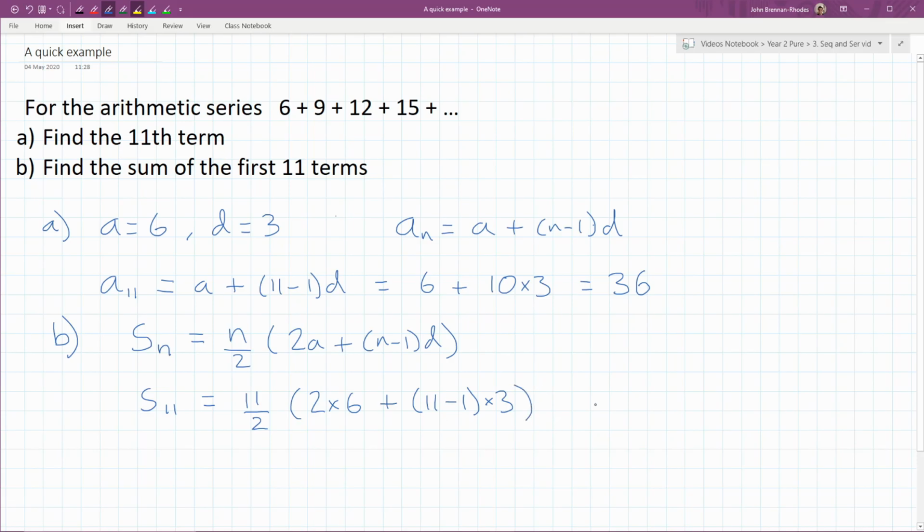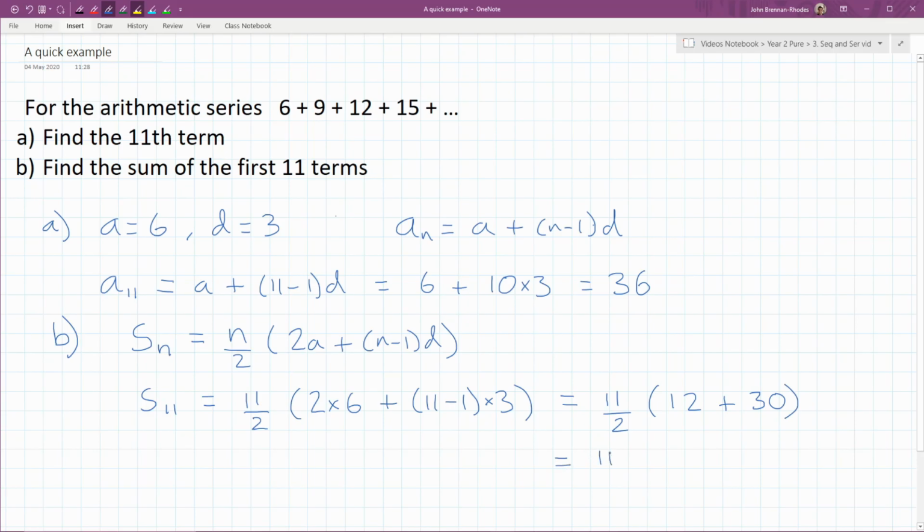So what does this equal? Well, you could stick it into the calculator. It's going to have to be a whole number. So even though I've got 11 over 2 there, it should cancel down quite nicely. 2 times 6 is 12 plus 10 times 3 is 30.